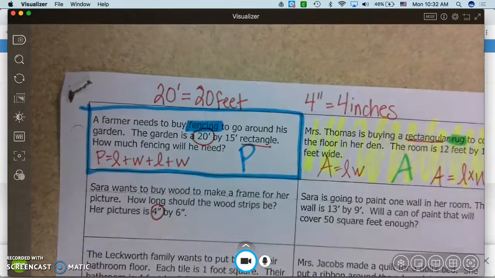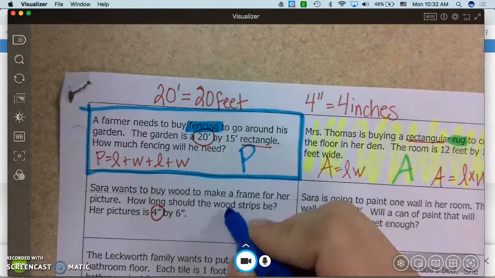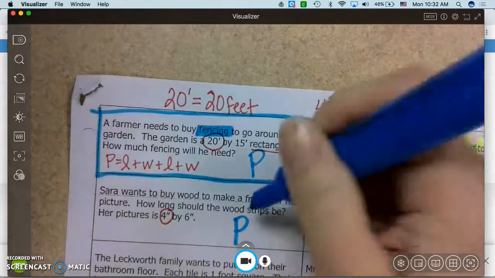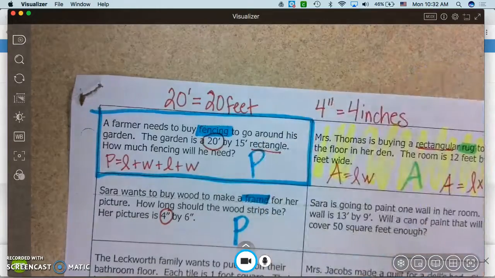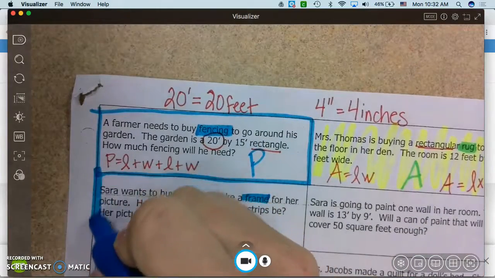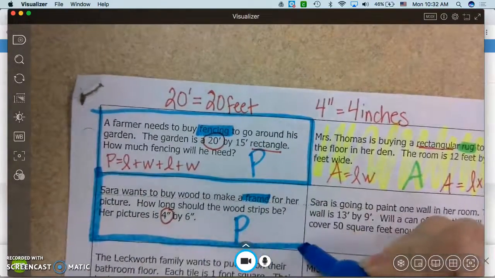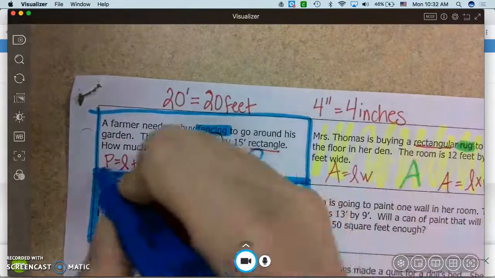All right. What do you think? Everybody agree? Yes. How do you know that it's perimeter? A frame. Good. Where does a frame of a picture go? Around the outside edge. The perimeter.